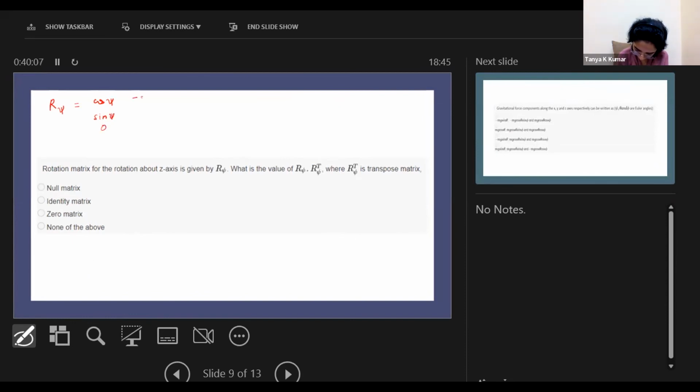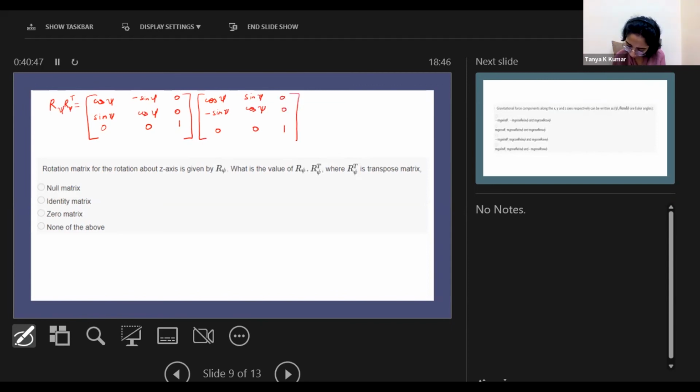We have minus sin xi, cos xi, 0, 0, 0, 1. You multiply it with its transpose. So what is the transpose? You have cos xi, minus sin xi, 0, sin xi, cos xi, 0, 0, 0, 1.